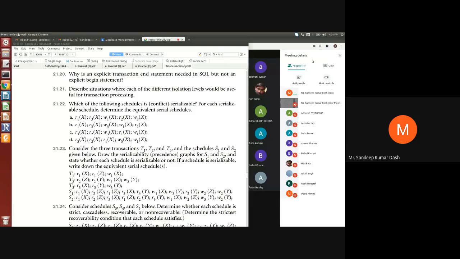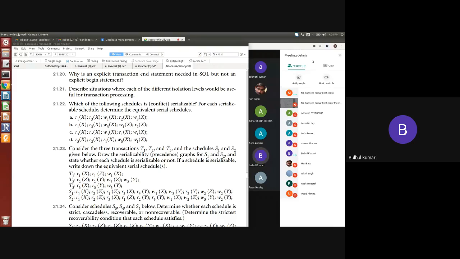Bulbul Kumari, what is the answer? Not serializable, sir. Which one? A. Then B. B is also not serializable.